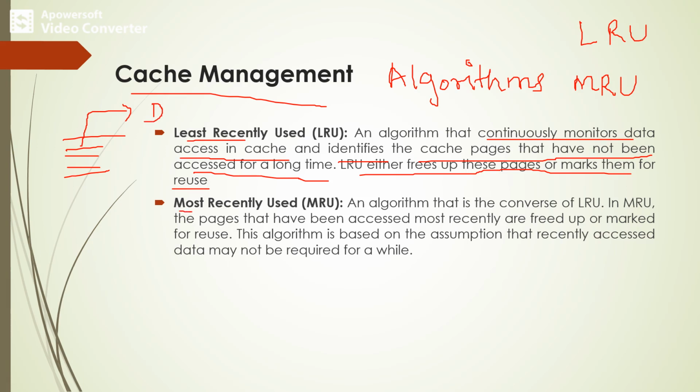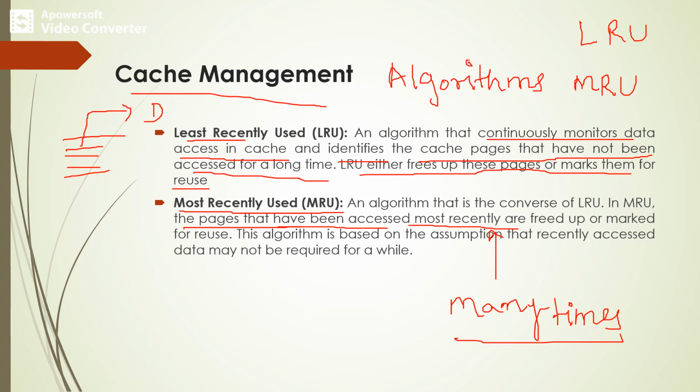So the second algorithm is most recently used algorithm. So in the case of most recently used algorithm, here it's the reverse of LRU. In the case of MRU, the pages that have been accessed most recently, that means those set of pages are already accessed many times by the host.